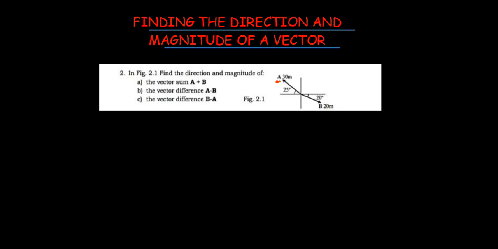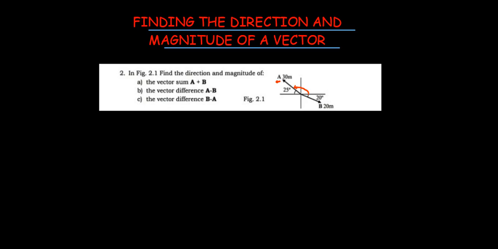When measuring the direction or angle of a vector, I must measure from the positive x-axis until I reach that vector. My positive x-axis starts from here, and I measure until I reach this vector, where vector A is. So this here in red is the angle for vector A. How do I get that? I've been given 25 there.